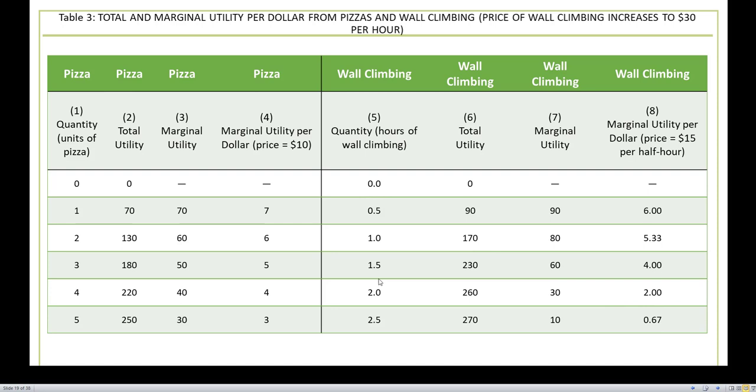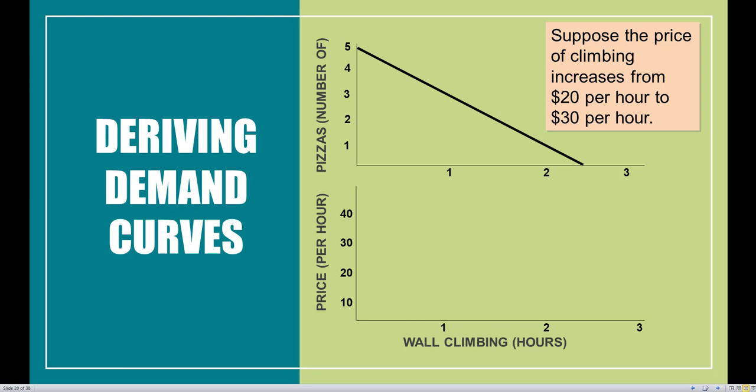So the optimum consumption bundle is going to be 1 hour of wall climbing and 2 pizzas in this instance, and that has changed from our previous bundle where we had 2 pizzas and 1.5 hours of wall climbing. Because our optimum consumption bundle has changed, that is also going to tell us that we are going to be moving along the demand curve in this instance.